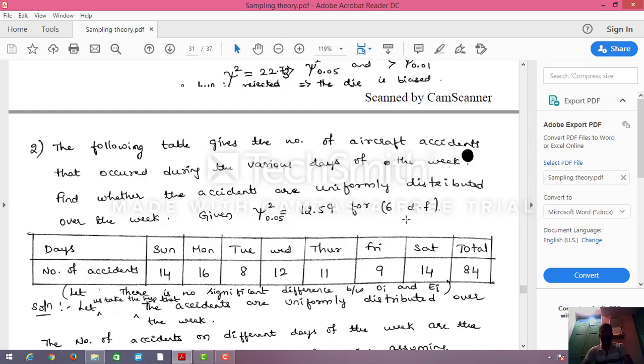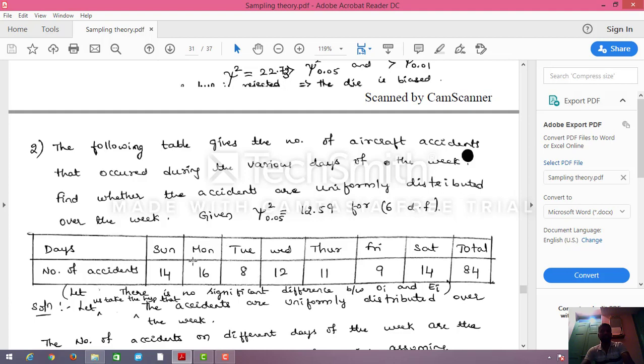Why 6 degrees of freedom? I'll tell you. A week contains 7 days, Sunday to Saturday, so n is 7. Degrees of freedom is n minus 1, that means 7 minus 1, which is 6.